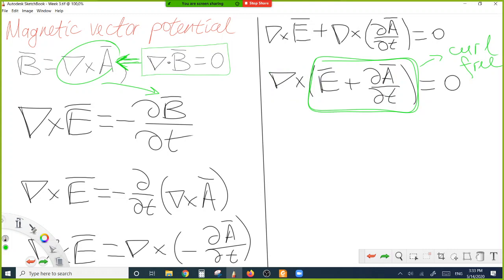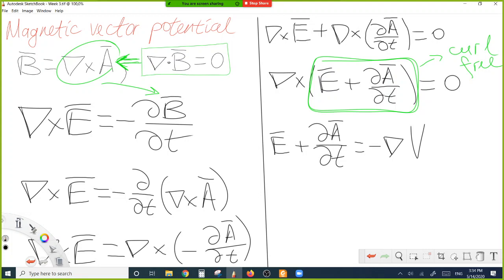Now, from the definition that we gave before, we may conclude that if our vector field is curl free, we may define for this vector field one scalar potential, and we may write our curl-free vector field as the gradient of a scalar potential, in our case V.